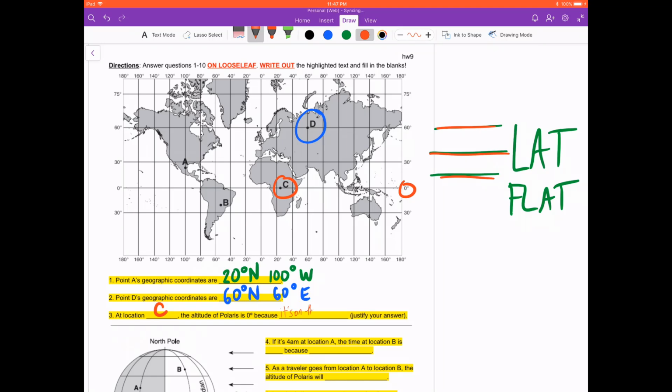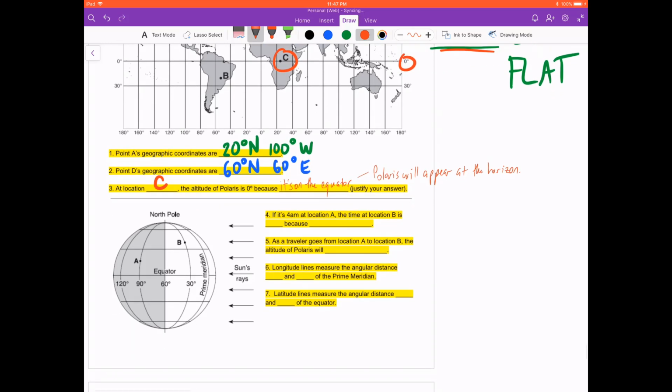It's on the equator and Polaris will appear at the horizon. Over here I don't have too much space, but on your sheets of loose leaf you should have much more space.